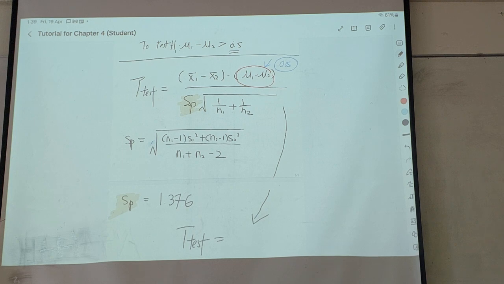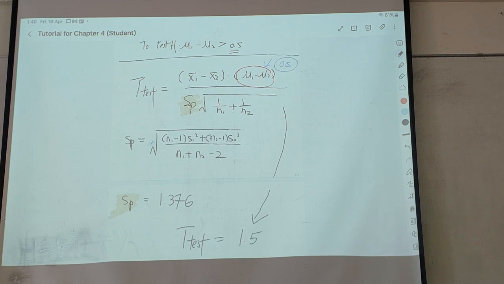What is the t-test statistic? 1.501. Yeah, so 1.5, right?